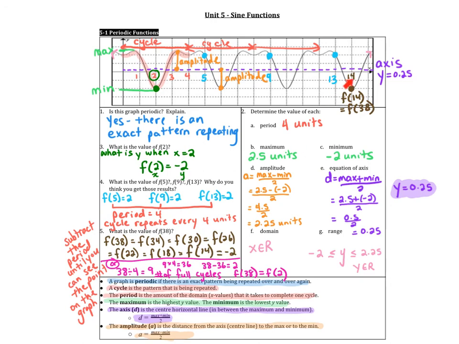And once you can see the x value on the grid, then you can figure out the y value, and that gives you the answer. So this is all the terminology and basic knowledge you need to know about periodic functions. Now this unit, sine functions. A sine function is a special type of periodic function, so we need to learn what periodic functions are before we get to sine functions.